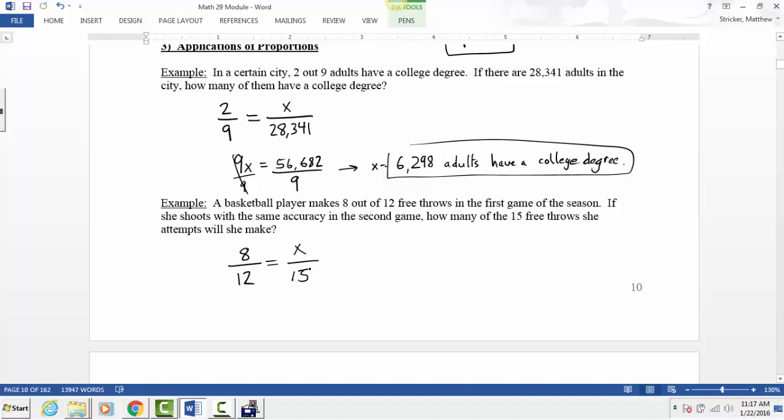So we do the same thing. 8 times 15 has to be equal to 12 times x. 8 times 15 is 120. And then if we divide both sides by 12, we get that x is equal to 10. So she will make 10 free throws.